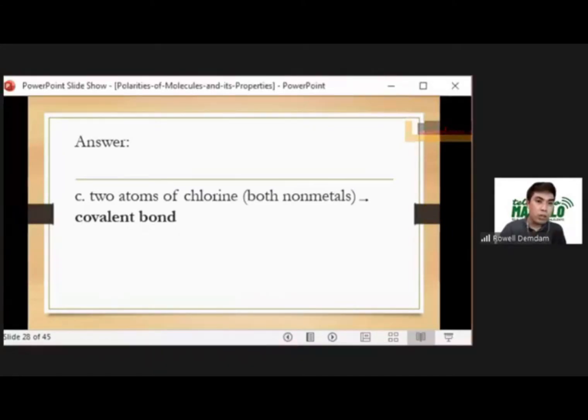The second item that we had a while ago is chlorine and carbon in letter D. What do you think is the electronegativity difference between chlorine and carbon? If you have a copy of electronegativity values, you can easily subtract these values and it will give you a value of 0.5 as the electronegativity difference.